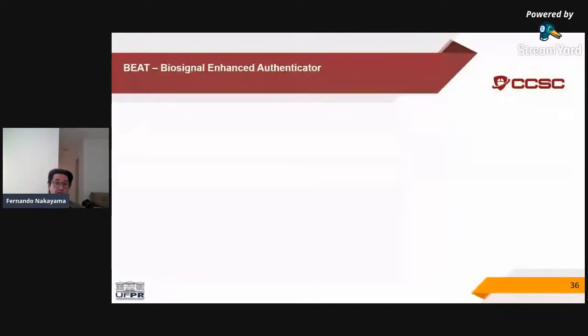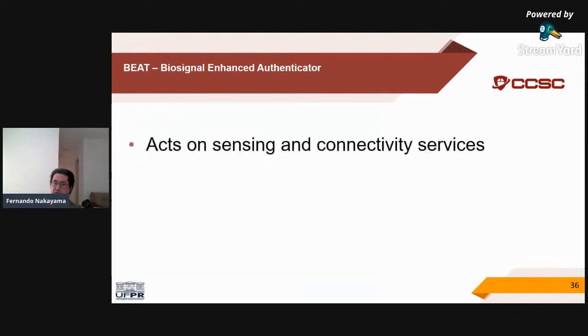So far, we have worked in different projects that have promoted standalone contributions and also common contributions regarding CareCon. Our first contribution is a biosignal authentication and intra-body communication system for IOHT. We call it BEAT, which stands for Biosignal Enhanced Authenticator.